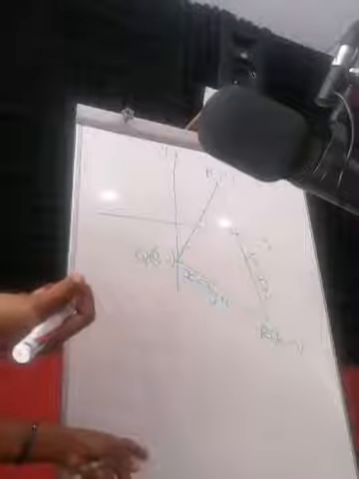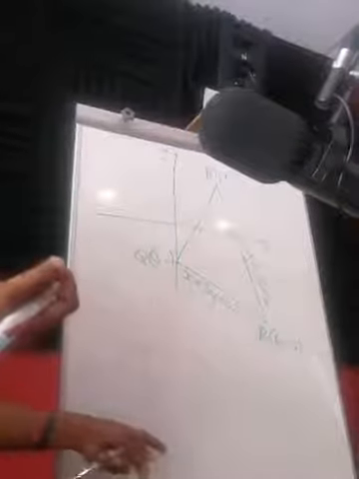Now, for us to get beta, when we calculate it, our expectation was that beta is a positive angle, and it is a positive obtuse angle. So what we get there is a negative acute.